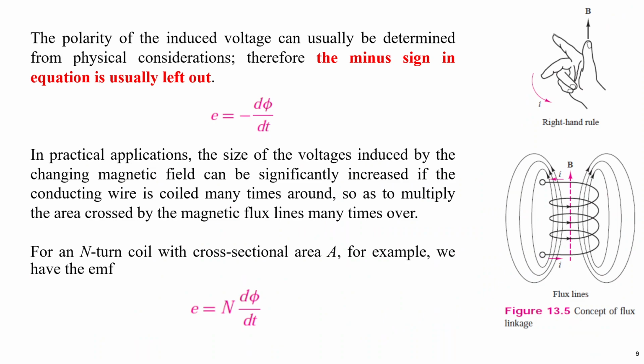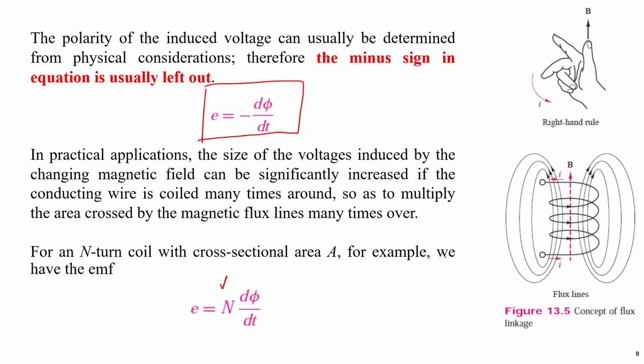You can use the right hand rule when you would like to calculate. But in electrical engineering, we are very interested in this equation: E is defined by dφ/dt. And if we have n turns of coil, E is n times dφ/dt.